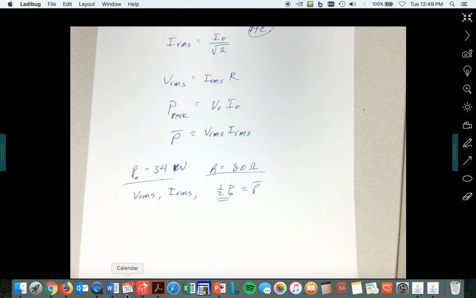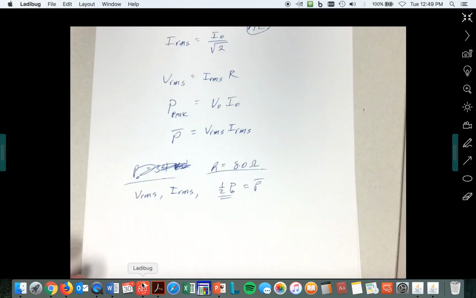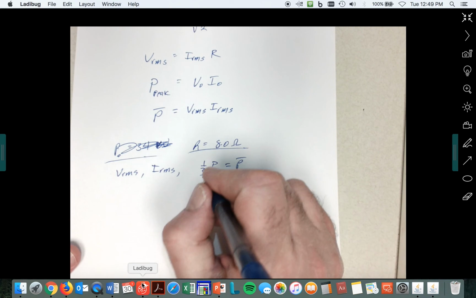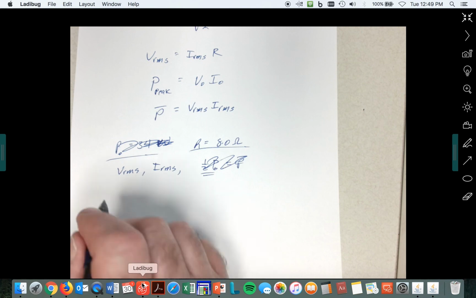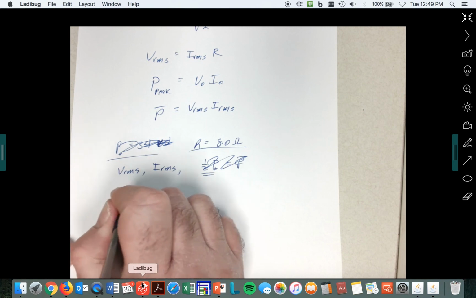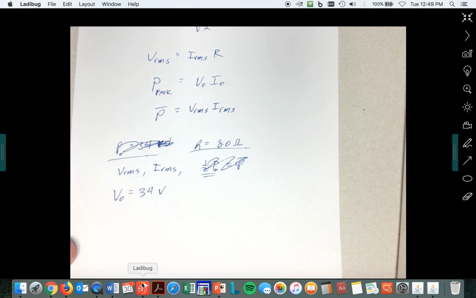Did it say peak voltage or peak wattage? Oh, the peak voltage. I about really screwed that up. So I can also find the peak power and all that kind of stuff. So V naught is equal to 34 volts.